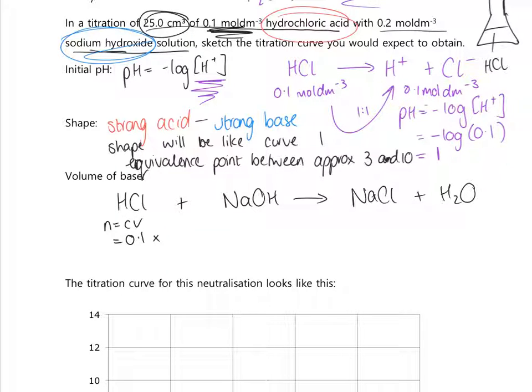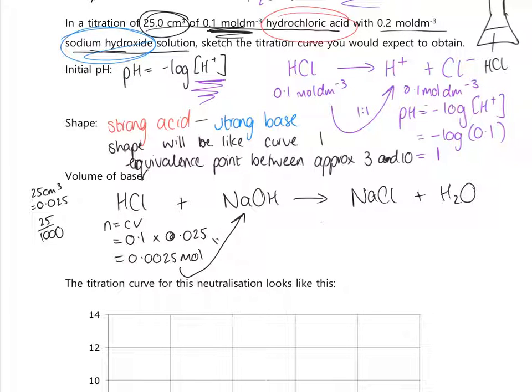So 25 centimetres cubed is how many decimetres cubed? 0.025, or you can put it into your equation as 25 over 1,000, whatever you prefer. I'm just going to put it in as 0.025, and that's going to give me 0.0025 moles.